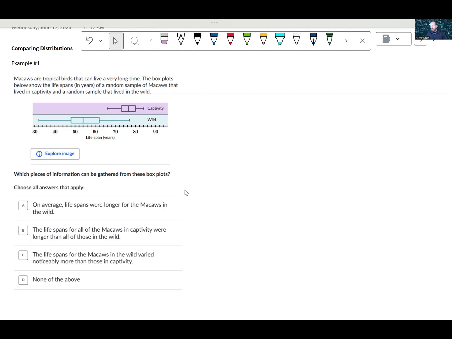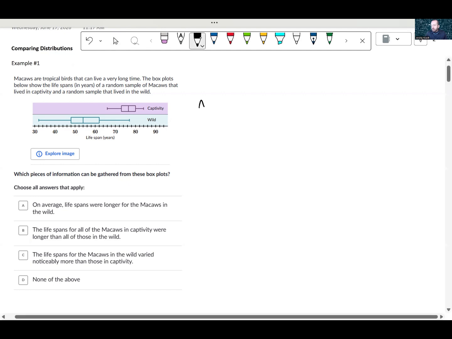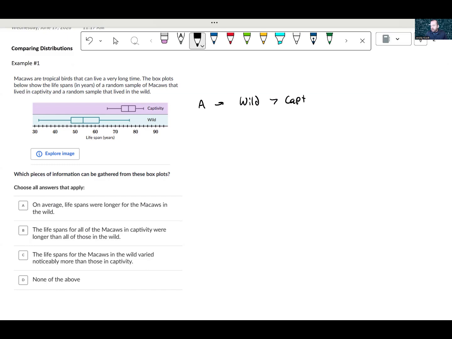Looking at answer choice A, it says on average, lifespans were longer for macaws in the wild. So A is stating that they were longer in the wild. So we're going to say that the wild is greater than in captivity. Now this is saying on average.